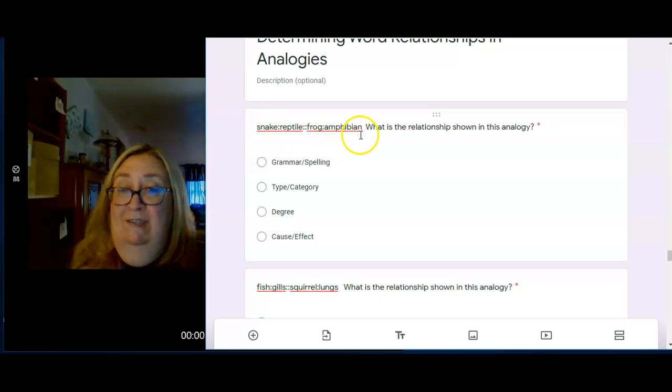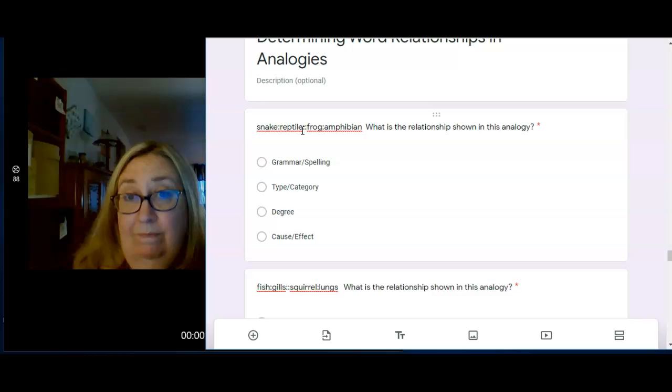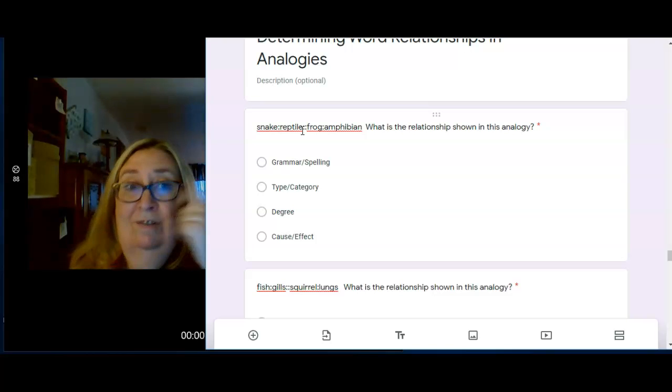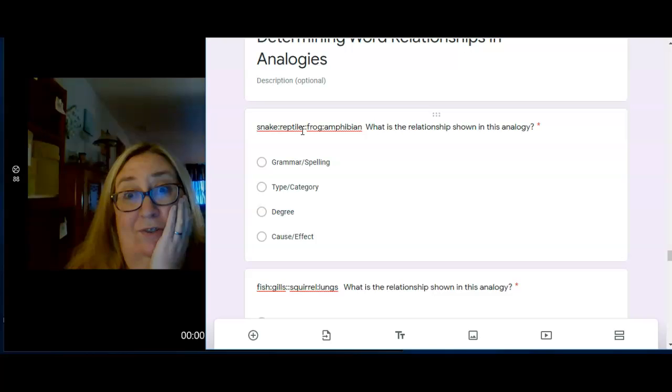And I've used some of the same ones that you have filled in up there. So here's a hint. One of your questions up above is snake is to reptile as frog is to blank. And here I'm giving you the answer to ask you what the relationship is. I'm kind of giving you answers, so pay attention.